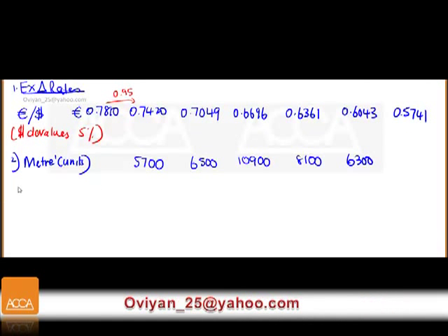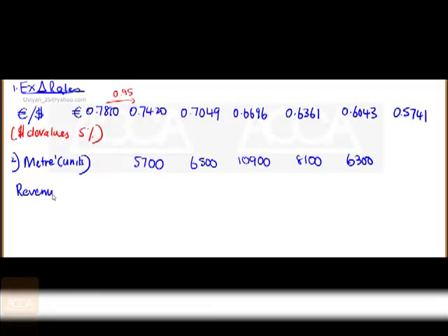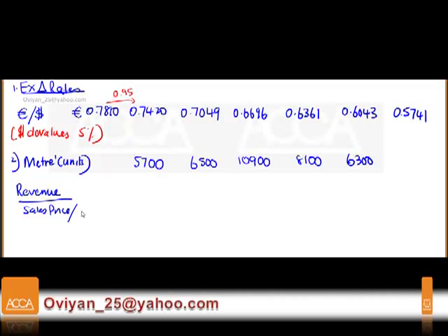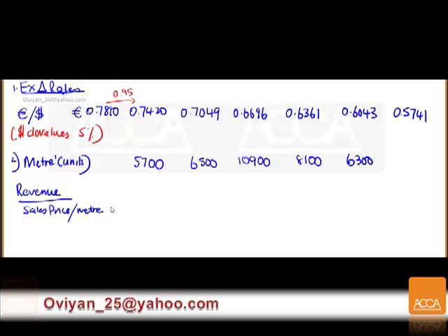Now the next thing we're going to do is determine my revenue. Revenue or sales. Now we're going to have a sales price per meter, and we're going to do this in euro dollars.